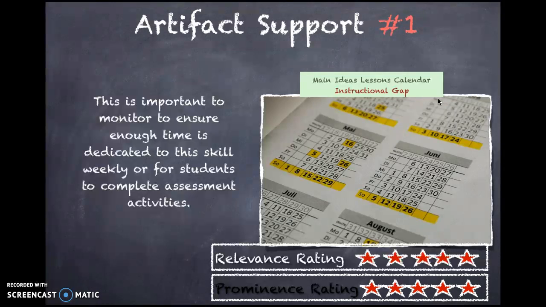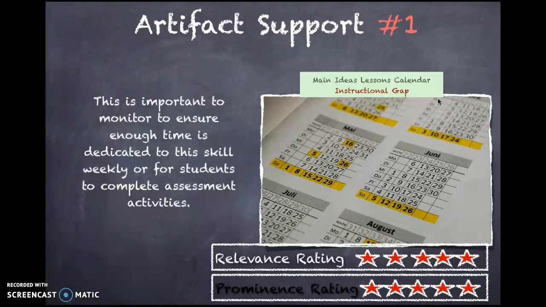This is important to monitor as a teacher to ensure time is dedicated to the skill of selecting the main idea of an informational text. And this skill should be looked at weekly at the minimum, and monitored by the teacher for students to complete the assignment activities.